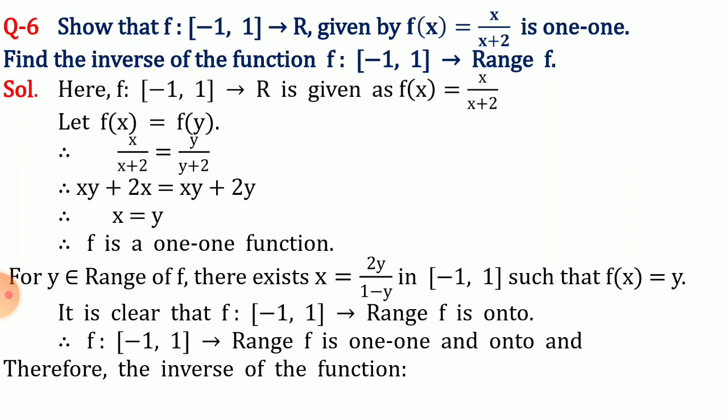First find f composition g and g composition f. The value of f composition g is the identity function, and g composition f is the identity function. So f composition g is equal to g composition f is equal to the identity function. Therefore f inverse exists, and here f inverse x is equal to 2x upon 1 upon x.